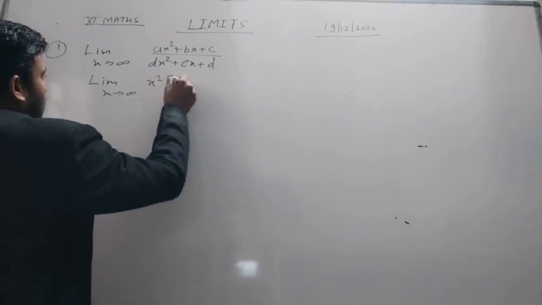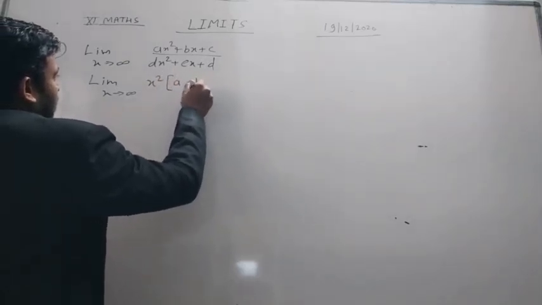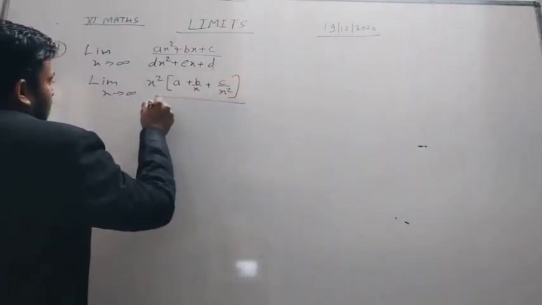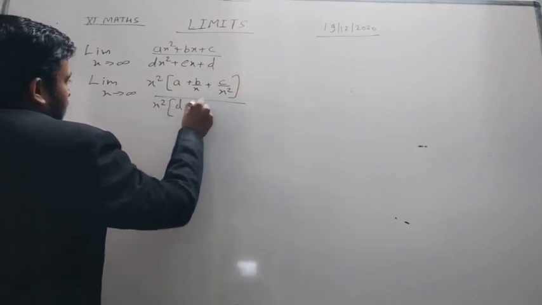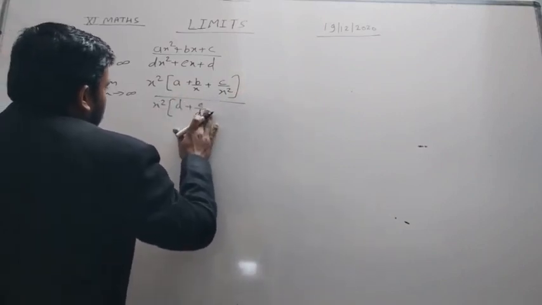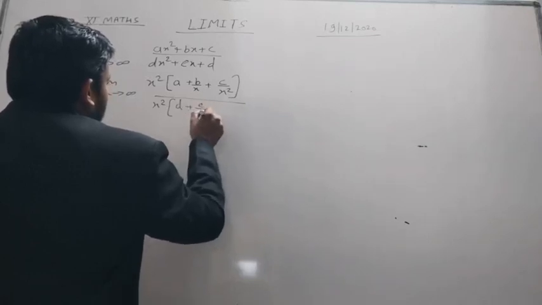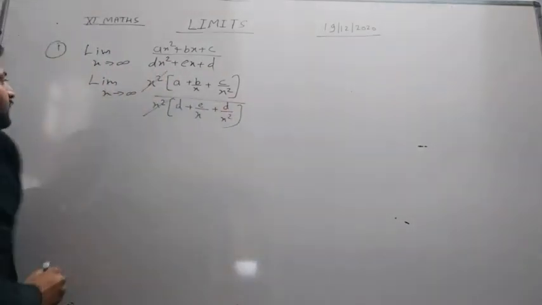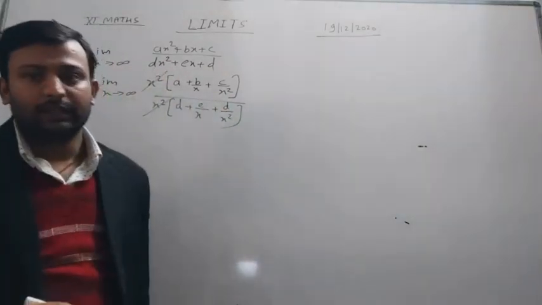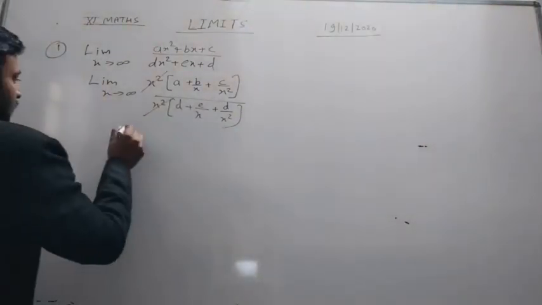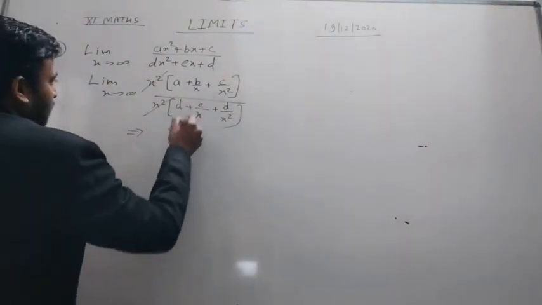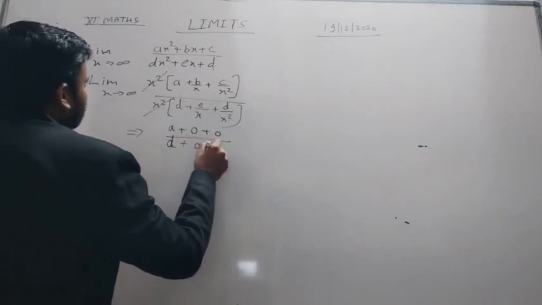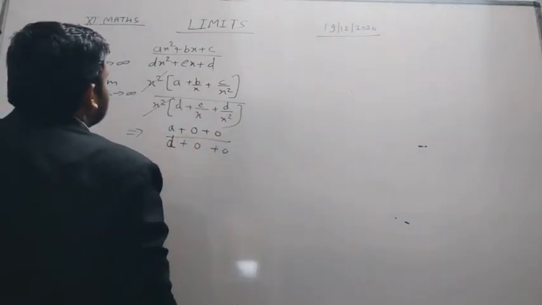So we take it outside, and we get a plus b by x plus c by x square, and x square again, so d plus e by x plus f by x square, and here x square and x square will cancel. Now, students, we put our limit and we get a. This term will be 0, this term will be 0, and this is 0 and 0.